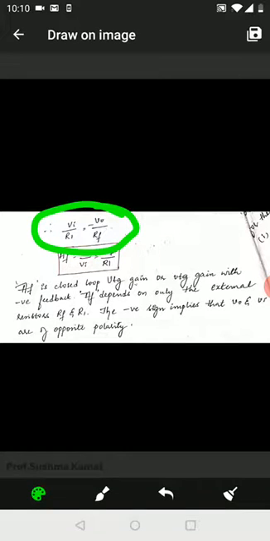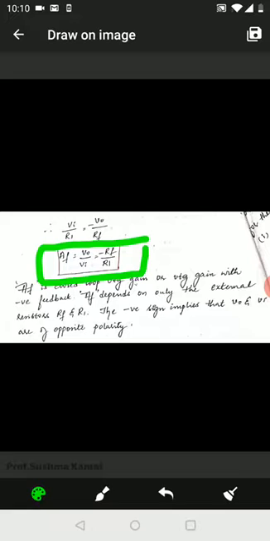If I rearrange this, I will get V0 upon Vi is equal to minus RF upon R1. V0 upon Vi is, as already told, the equation for gain. Gain is represented by the term AF here. AF is nothing but gain, or it is called the closed loop voltage gain. We call it closed loop because of the feedback that we have considered.